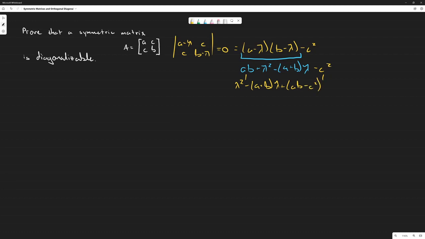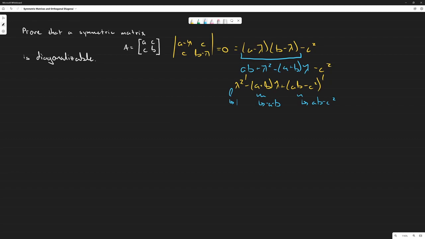This is a quadratic polynomial with respect to lambda. So we'll have our constants L, M, N, where L is equal to 1, M is equal to negative a minus b, I just distributed the negative, and N is equal to ab minus c squared.